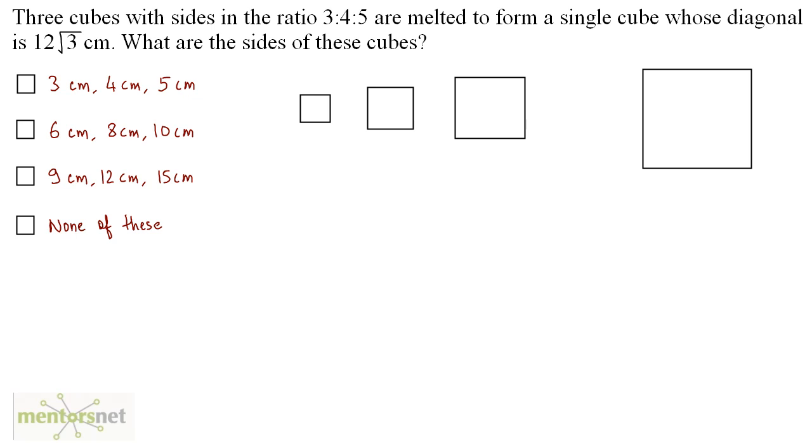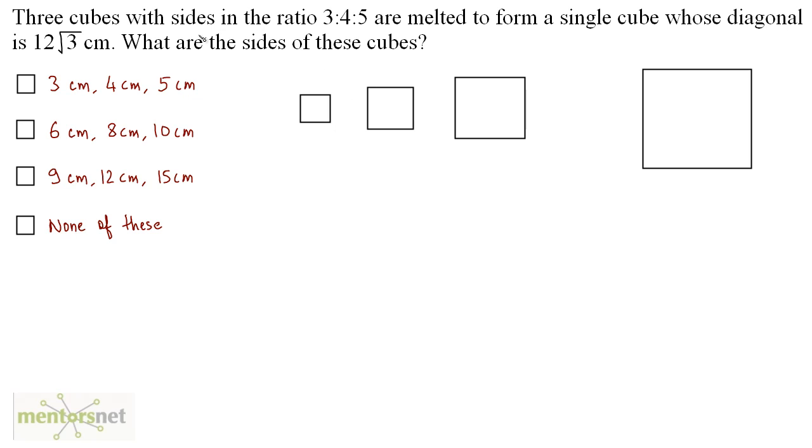3 cubes with sides in the ratio of 3:4:5 are melted to form a single cube whose diagonal is 12√3 centimeters. What are the sides of these cubes? Well, these 3 cubes are melted to form this bigger cube, right?